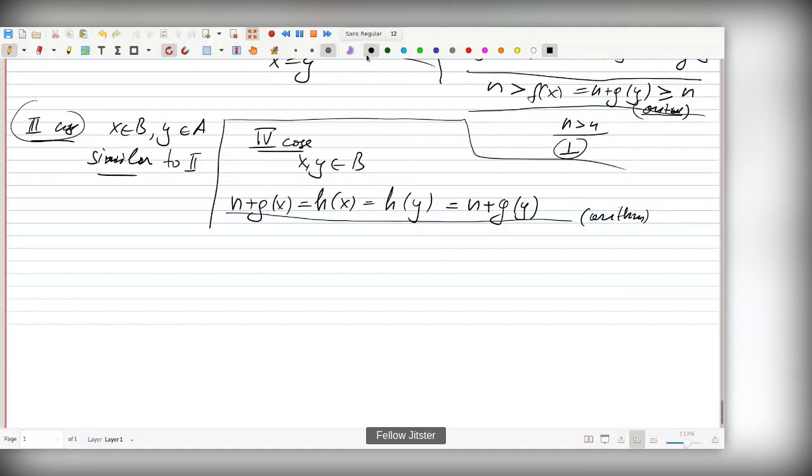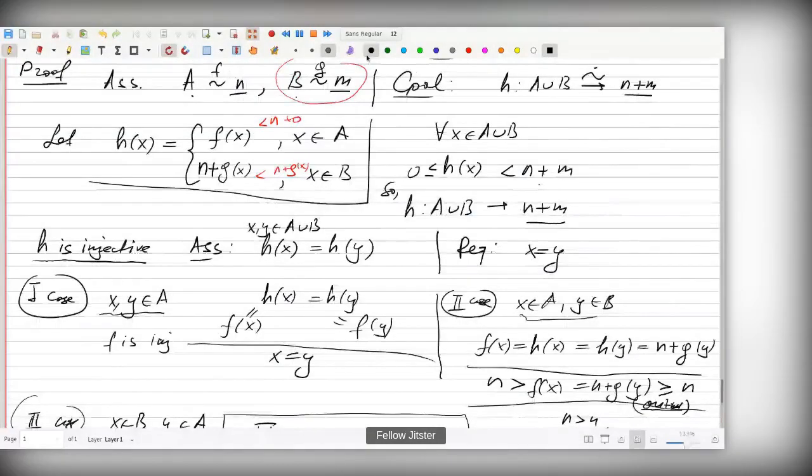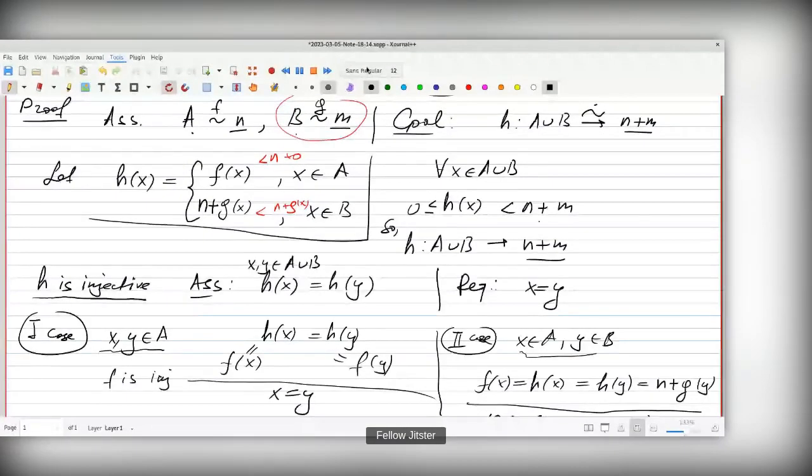So by arithmetics, g of x equals g of y. As g is injective, in every possible case we have obtained that x equals y, hence h is indeed injective. And now let us prove surjectivity.